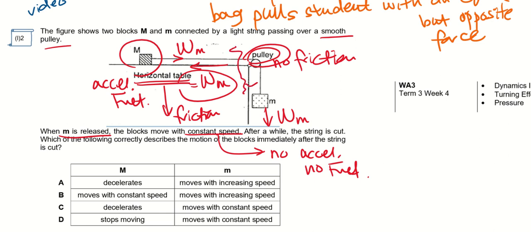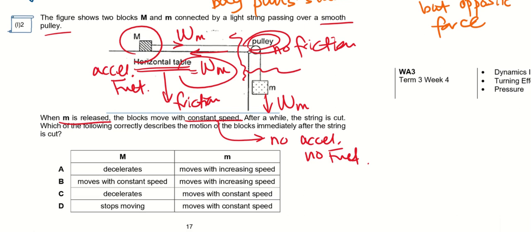Then your small letter m block will accelerate. It will move with increasing speed because now there isn't a pulling force upwards. It is now just falling with the weight, so it will move with increasing speed.